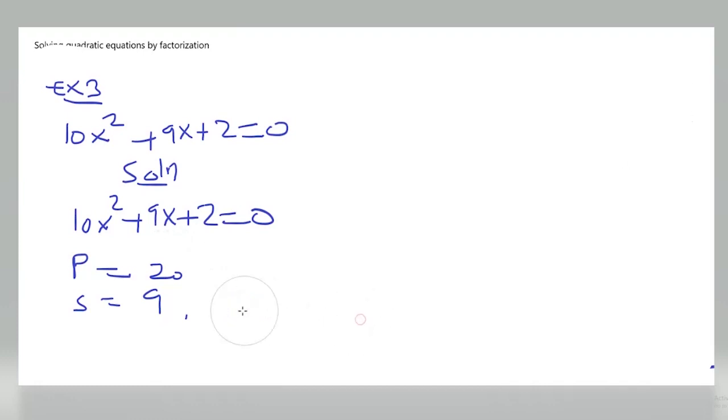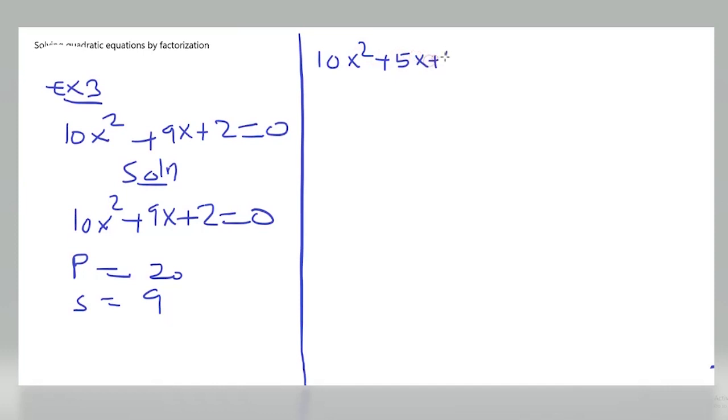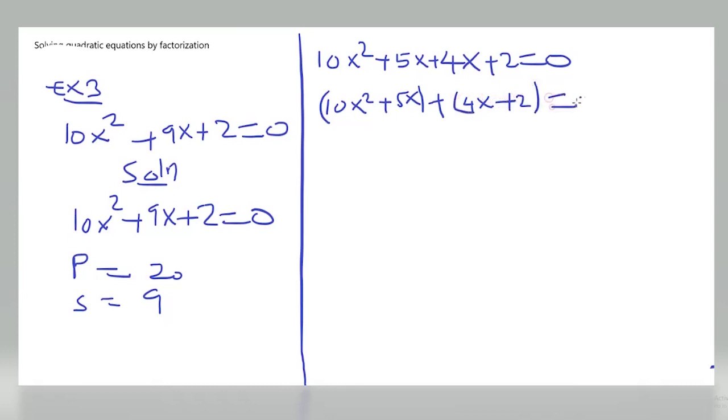Okay, now here I'm going to have 10x squared plus 5x plus 4x plus 2. This one is equal to 0. Then this one will be equal to 10x squared plus 5x, then plus 4x plus 2, which is equal to 0.